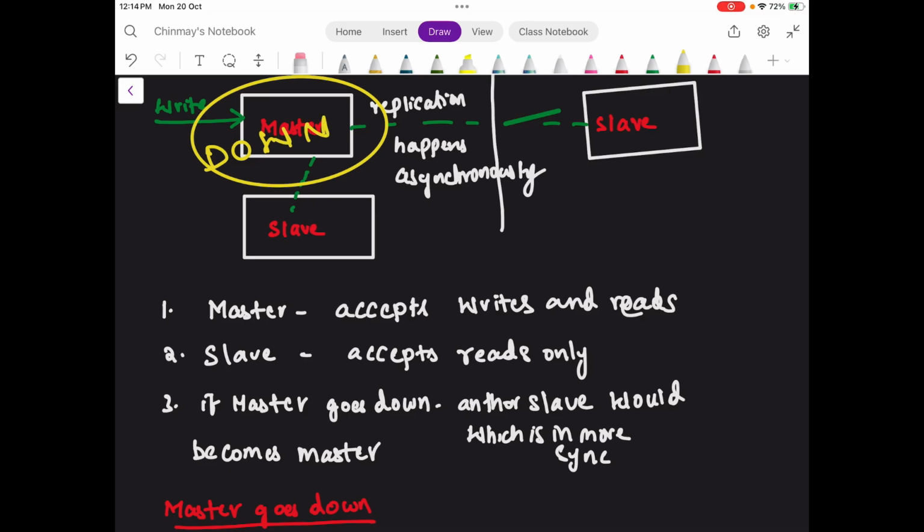Out of these 2 nodes, the one which is more in sync with the master becomes the master. Let's assume this server is more in sync. This becomes the master. For now, writes will go to this master, and it is asynchronously synced with the slave.